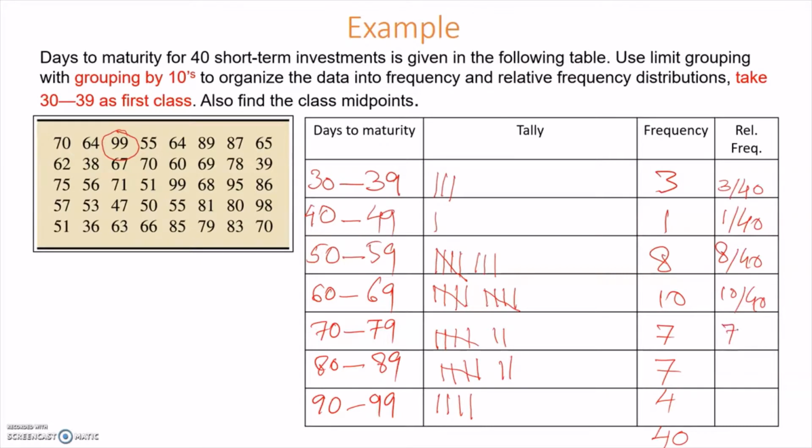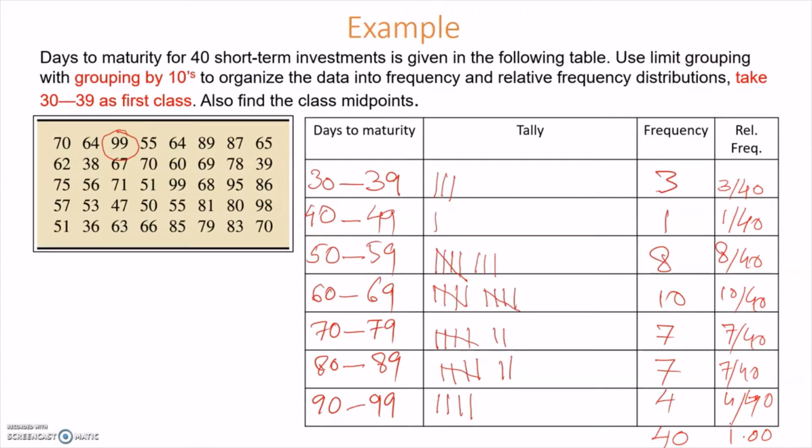This is 7 divided by 40. This is 7 again divided by 40. This is 4 divided by 40. And remember, the sum of all relative frequencies is always equal to 1. These are the two rules you need to remember. The sum of all frequencies is always equal to the total number of observations, and the sum of all relative frequencies is always equal to 1.